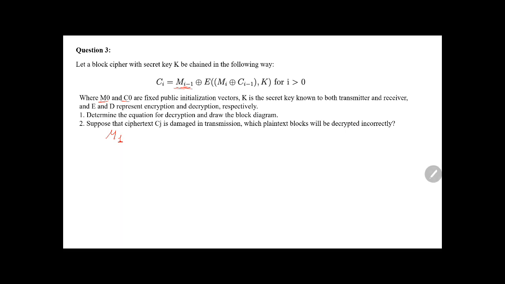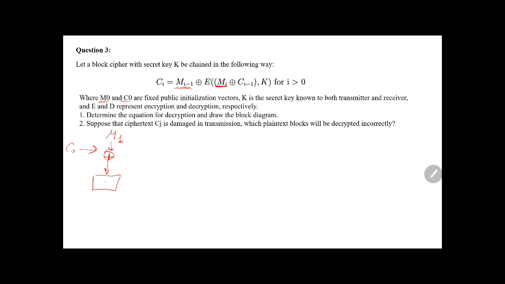The first thing we will have to do in order to get C1, we have to get this M1 and XOR it with C of I minus 1, which is C0. C0 is the public initialization vector, and we XOR it with the M1.